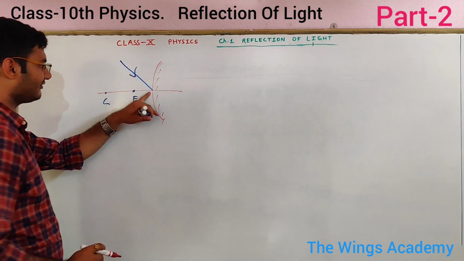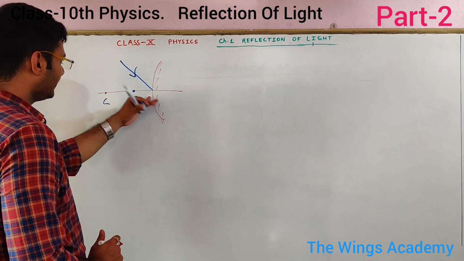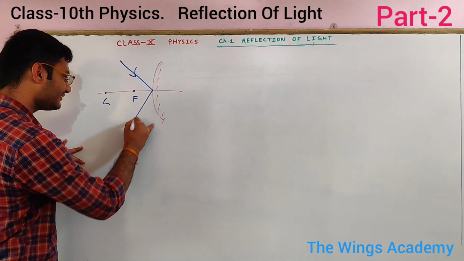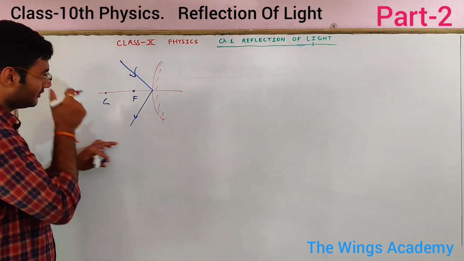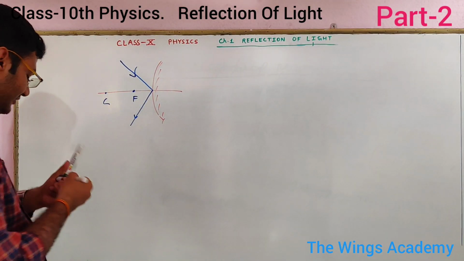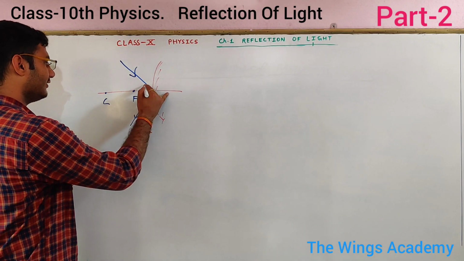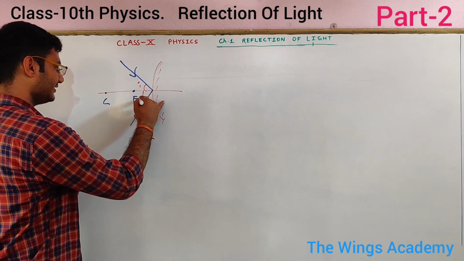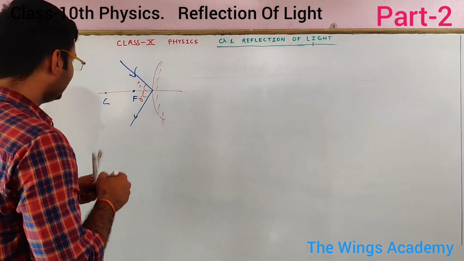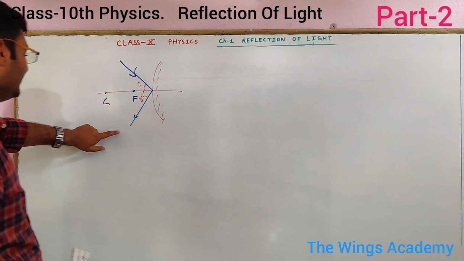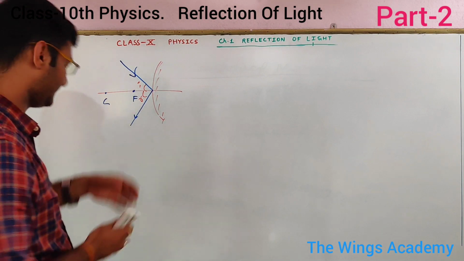After reflection it bounces back with the same angle with respect to the normal. So if this is the angle of incidence, this is the angle of reflection. So this is also an important ray regarding image formation.